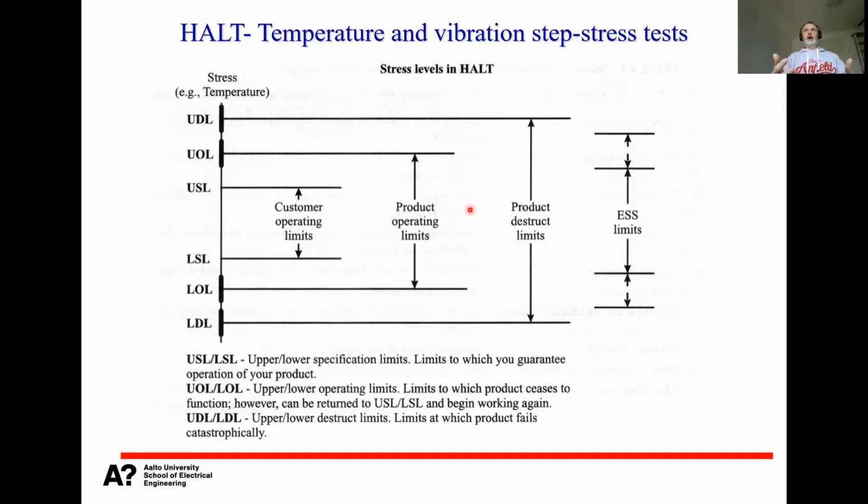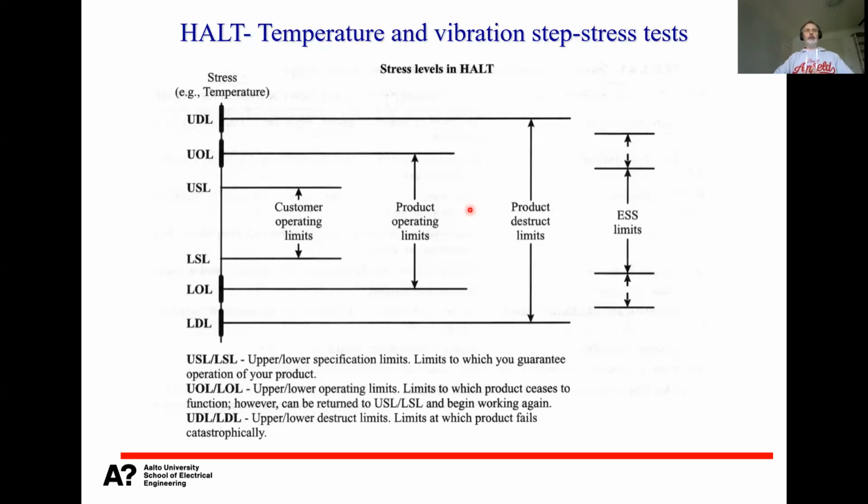So let's say you have a thin film resistor, and you want to see how high currents or powers this resistor can withstand at different temperatures. So you would, let's say, use a constant voltage. You start increasing the current, and then you have different temperatures, and again you see when the thin film resistor just burns.